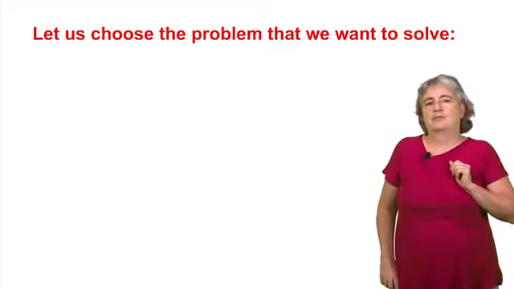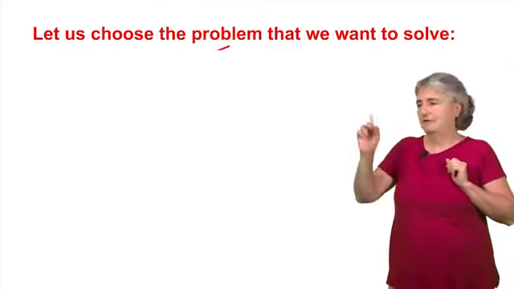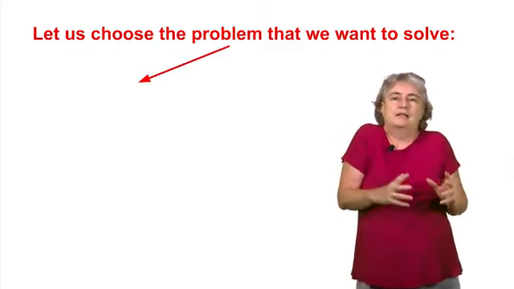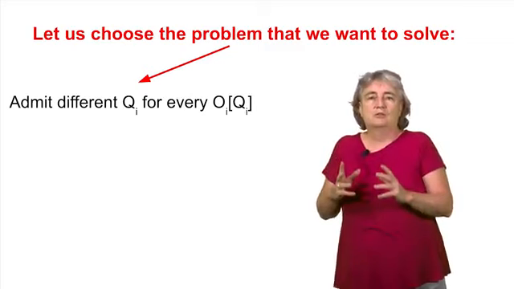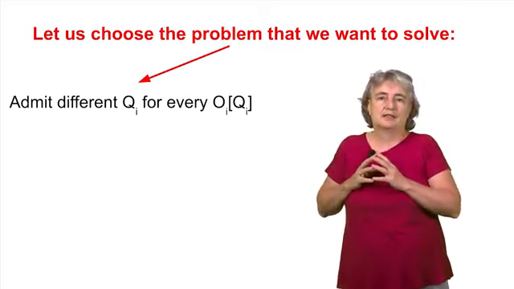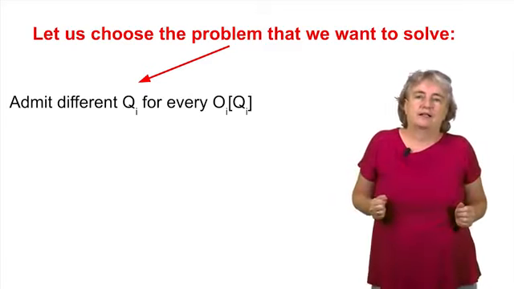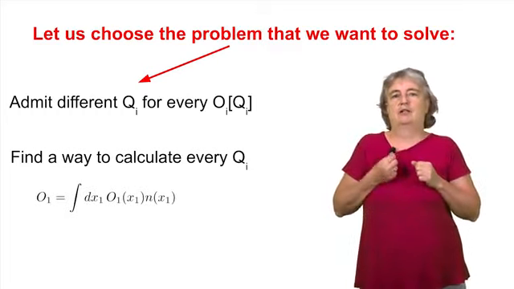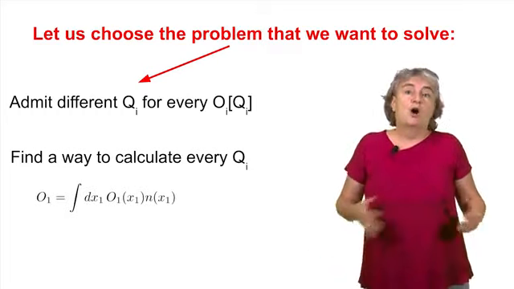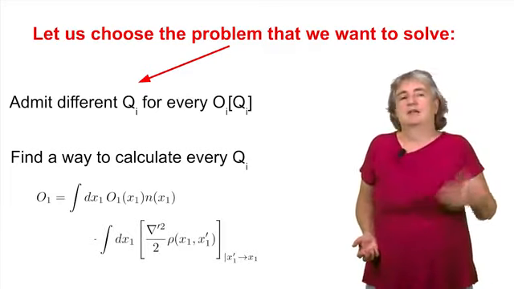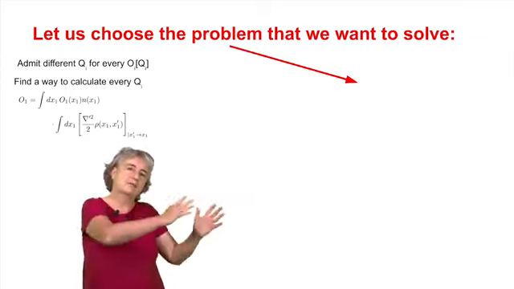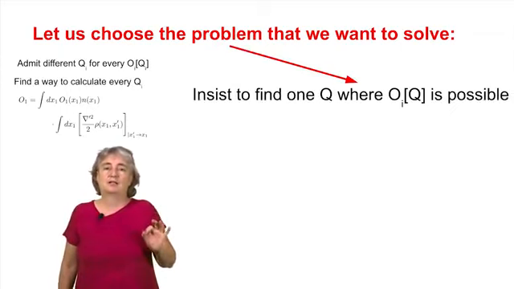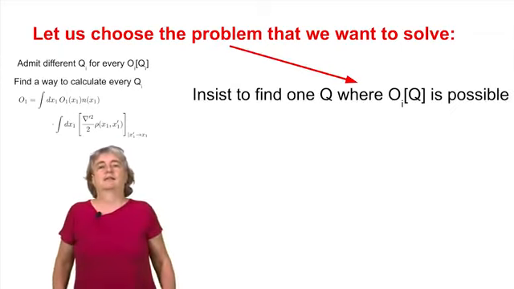Let us choose the problem that we are willing to solve. The first possibility, we stay with what we have just found. So we are willing to use a different compact quantity Q for every observable O that we are interested in. What we then have to find is a way to calculate each of these Qs, be it the density when we are interested in a one-body expectation value, or the density matrix for the kinetic energy, and so on. The second way to go is that we insist on the idea to have just one simple quantity Q that gives us all observables.